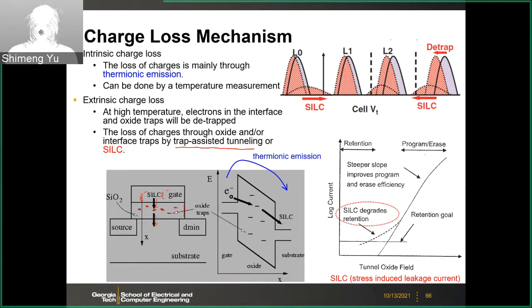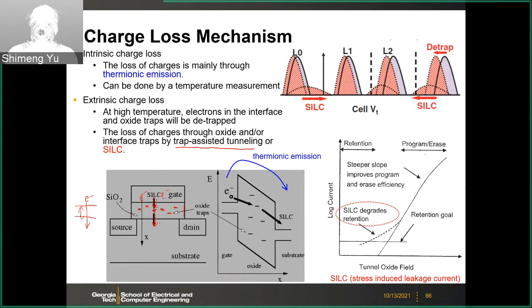Without those traps, it is very hard for the electrons to tunnel through because this tunnel barrier is very thick, like 8 nanometer, 9 nanometer. Now you have those traps, so it's like a stepping stone. The electrons will tunnel to the first trap, and then from the first trap to the second trap, and then it will be easier for the electrons to tunnel through.